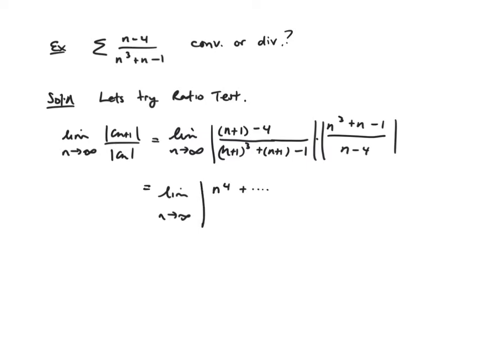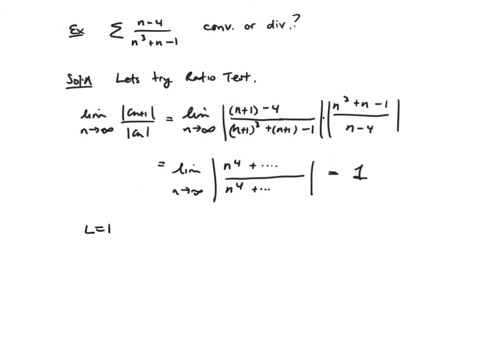And on the bottom also it's going to be n to the 4th plus some other lower power stuff. Again, if we look at the ratio of leading coefficients here, that's all we really need to formulate this limit, and we would get 1. All right, and so in this case, L equals 1, and the ratio test gives no conclusion. Meaning we wasted our time, effectively.